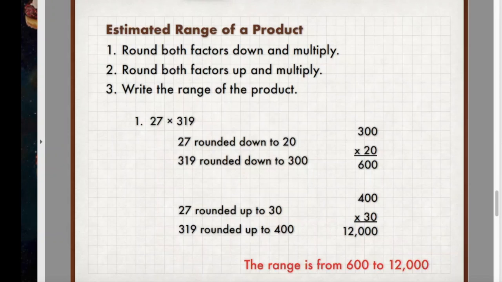Now, that's not very accurate, but that is a range. So first, remember, we want to round down and multiply. Then we take those same numbers, round up and multiply, and then we write down the range. The range is from 600 to 12,000.